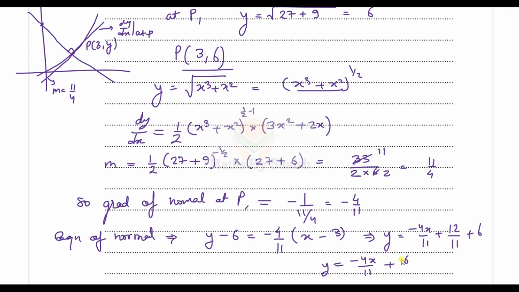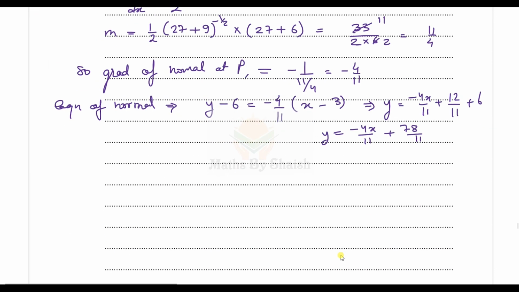78 over 11, though it was not required because we only need to find the y coordinate, so we only need to have x value as 0. So on the y axis x will be 0, and hence the y coordinate of this normal where it intersects the y axis is going to be minus 4 into 0 over 11 plus 78 over 11.